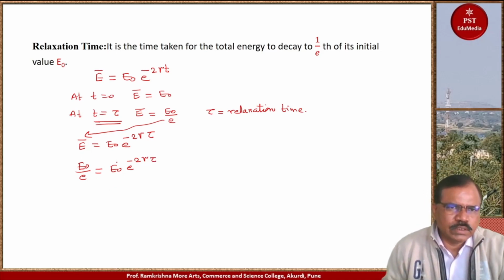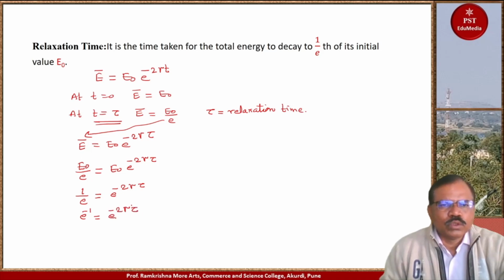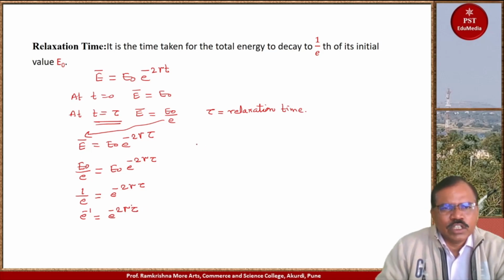So E0 will get cancelled, and you will get 1 upon E is equal to e raised to minus 2 gamma tau, or e raised to minus 1 is equal to e raised to minus 2 gamma tau. If we compare this, you will get 2 gamma tau equal to 1. So tau, the relaxation time, is 1 upon 2 gamma.